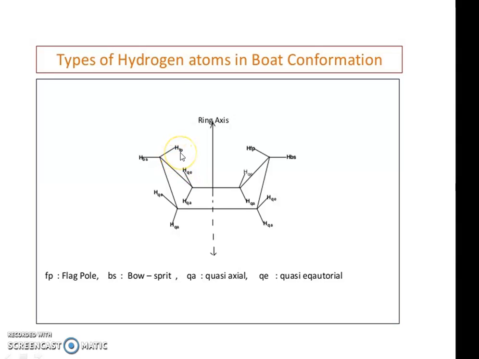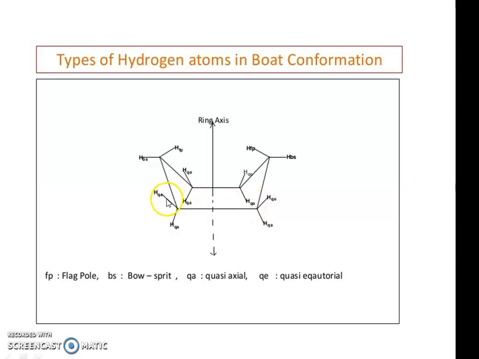So this is one flagpole, this is another flagpole, this is one bowsprit hydrogen, this is another bowsprit hydrogen, this is one quasi-equatorial hydrogen, this is quasi-axial, this is another quasi-equatorial, and this is another quasi-axial hydrogen.